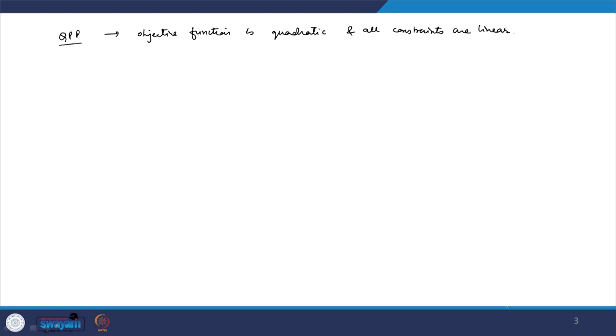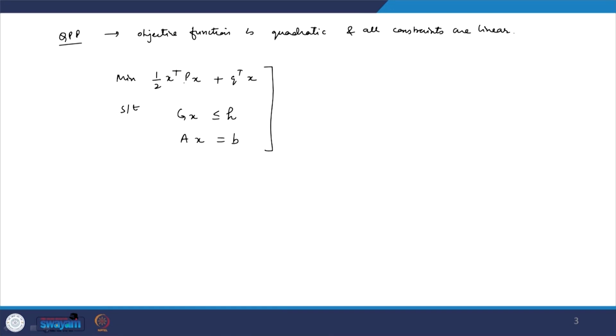The format is: minimum of 1 by 2 x transpose P x plus q transpose x, subject to G x less than equal to h and A x equal to b. This is the format of writing a QPP using CVXOPT. This problem is a convex programming problem if the matrix P is positive semi definite.